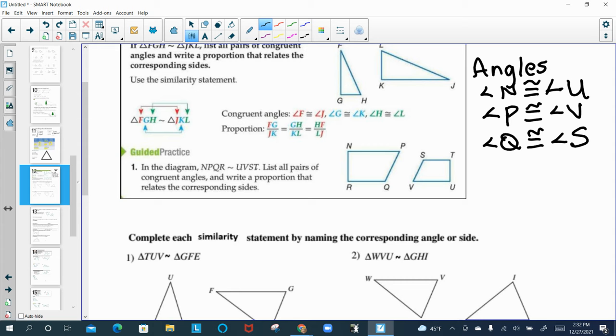Angle R and angle T. So there's our angles. That's list all pairs of congruent angles.